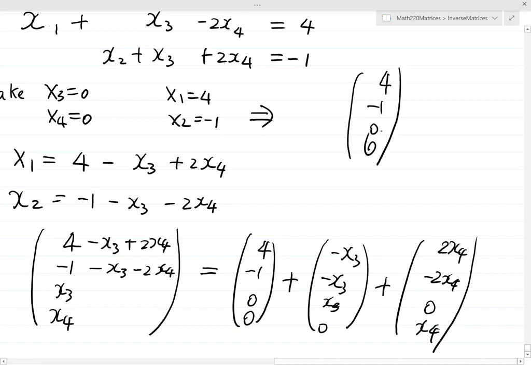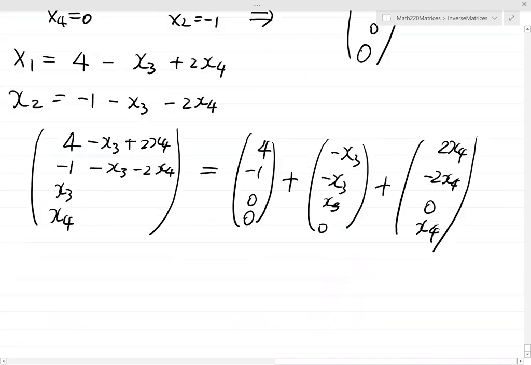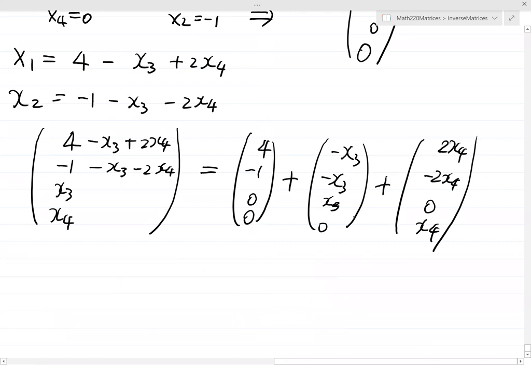So you see we have a general solution. The general solution is the special solution plus two other vectors. We know the null space has dimension 2. This 4, -1, 0, 0 is a special solution.